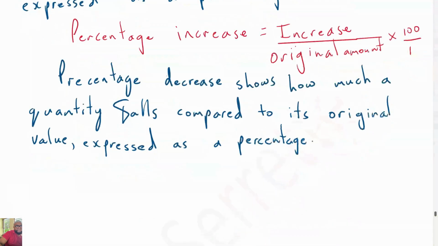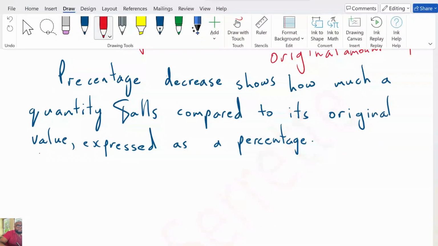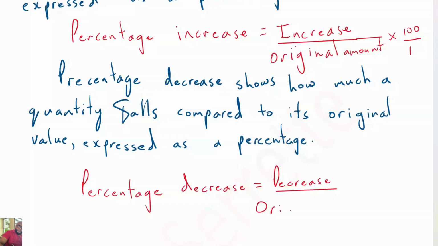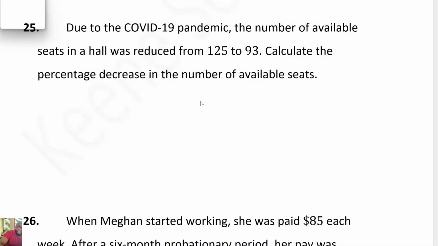So obviously a percentage decrease is the decrease over the original amount, multiplied by 100 over 1. That's a percentage increase and decrease.